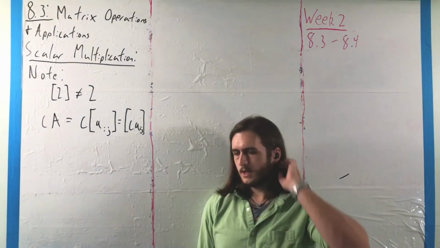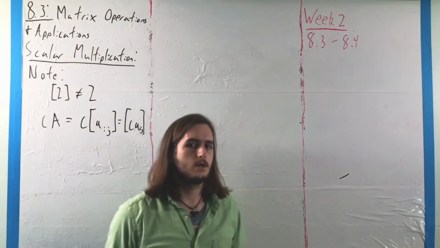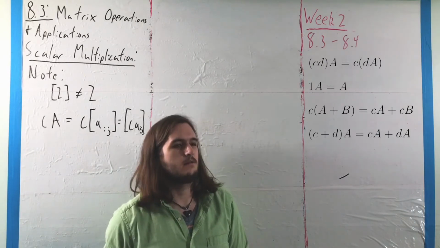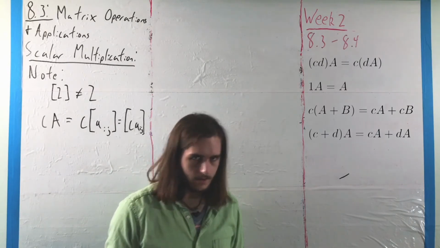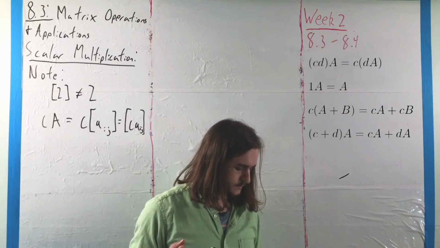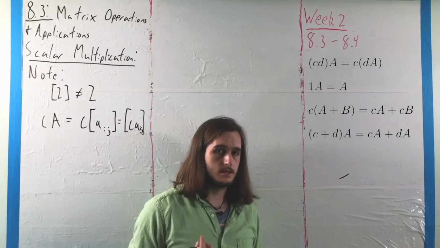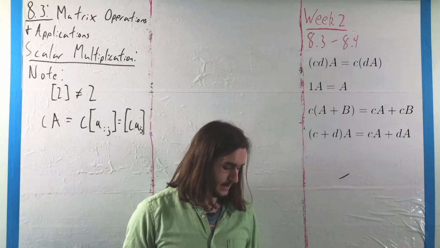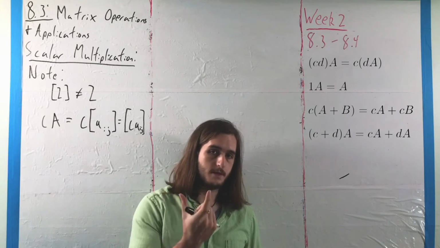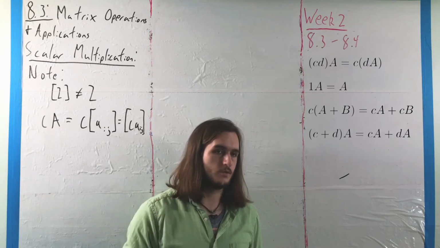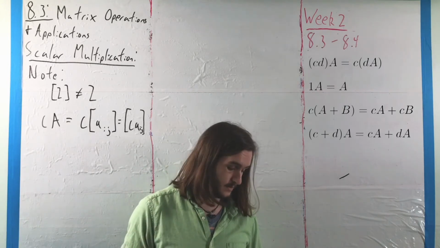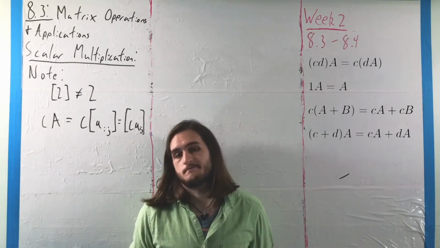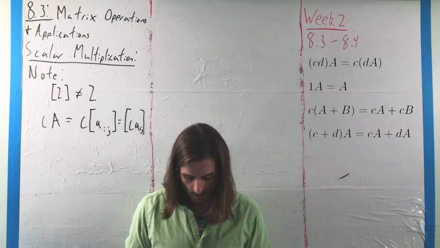And before I get to an example, I do want to point out a couple of basic rules that this follows first, which kind of come from standard algebra, as it were. So when we have two constants, c and d, and we're thinking of multiplying them by our matrix, we can either group them together, or we can group one of those constants off with the matrix. If we multiply the number 1 by a matrix, we just get the matrix.